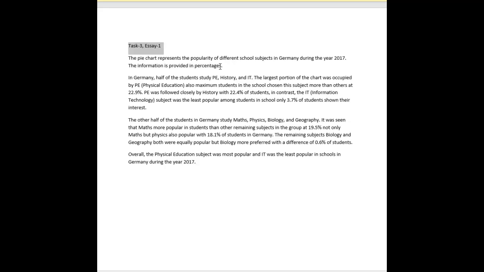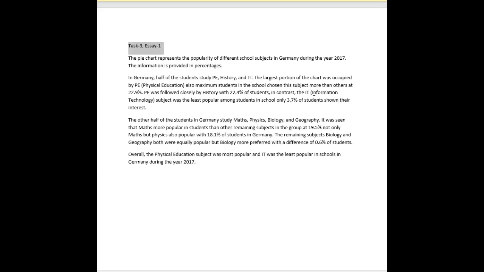And then the rest of the problems that I found were basically grammatical, so let's look at those. The largest portion of the chart was occupied by PE. That's also a little inaccurate, because it's like you're saying the largest portion of the chart means, I don't know, 80% or anything above 50% is the largest portion.